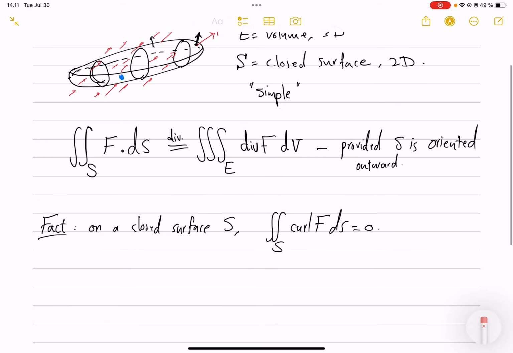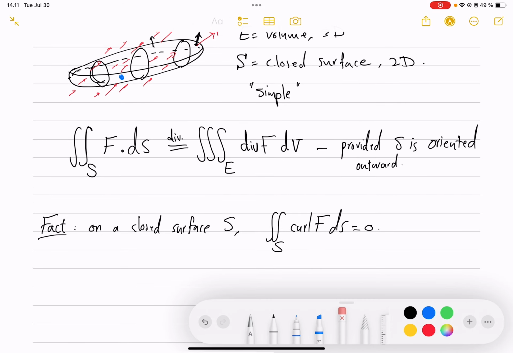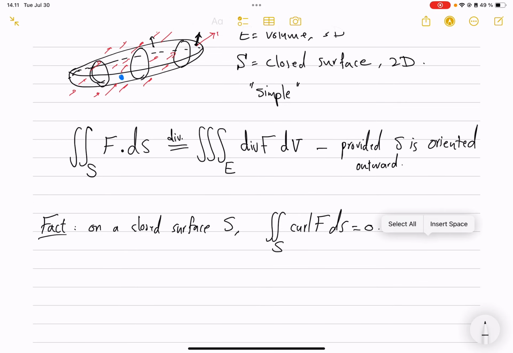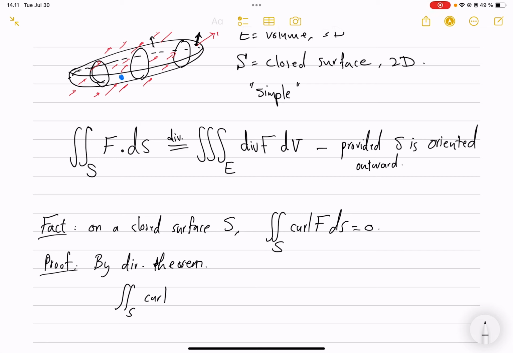Let's see how the divergence theorem helps prove this claim. So by the divergence theorem, this integral of any vector field, in particular curl F dS, is equal to the integral within the region of the divergence of that vector.